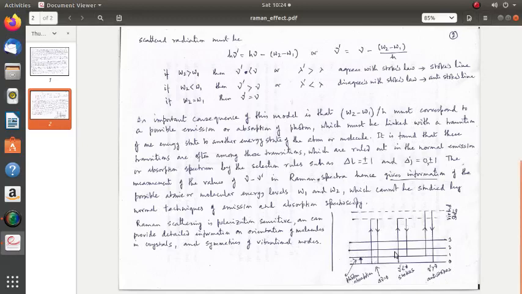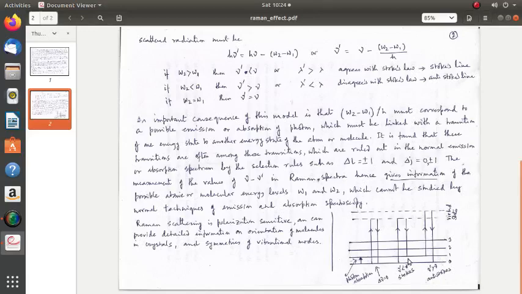Look at this diagram here. The atom jumps to a virtual state, but while returning, it returns to a state which is just above the ground state. That means here the frequency that is emitted is less, because the atom has absorbed this much of energy.